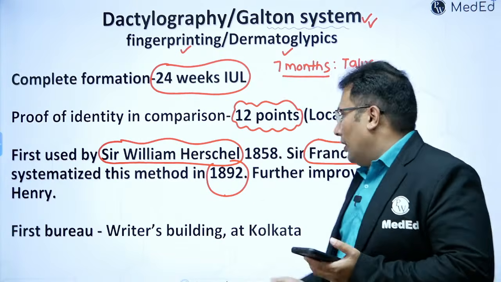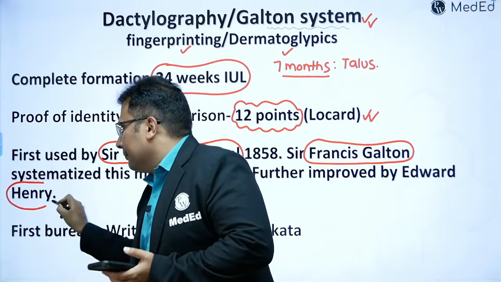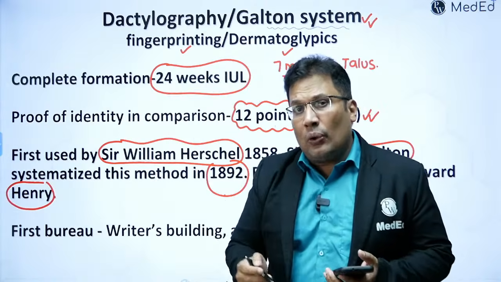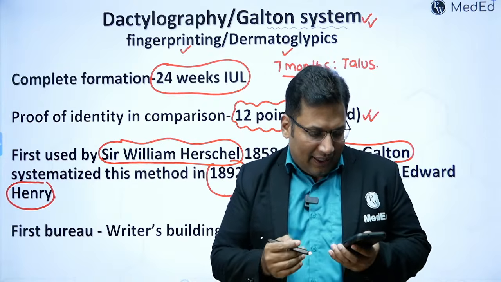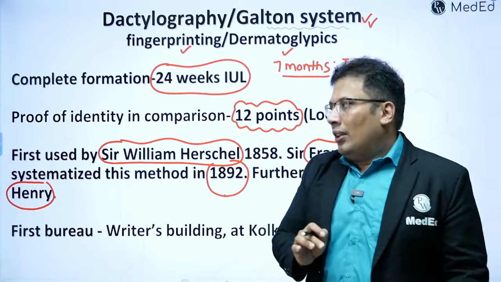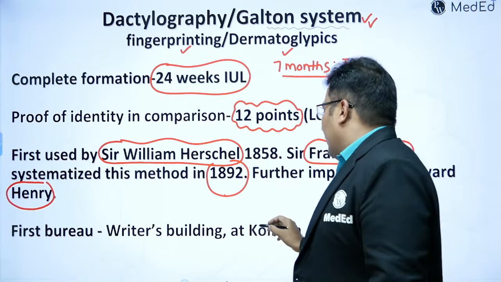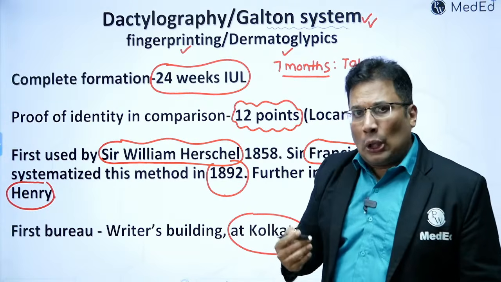It was further improved by Henry. That's why it is also known as Henry Galton system. The first bureau was started in Kolkata, that is in West Bengal.